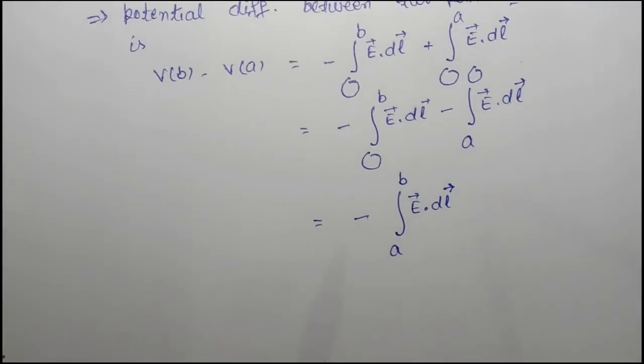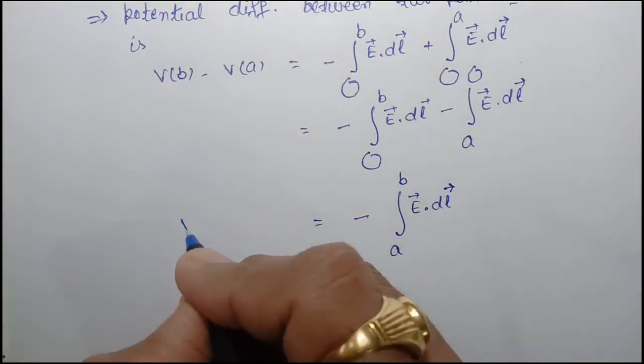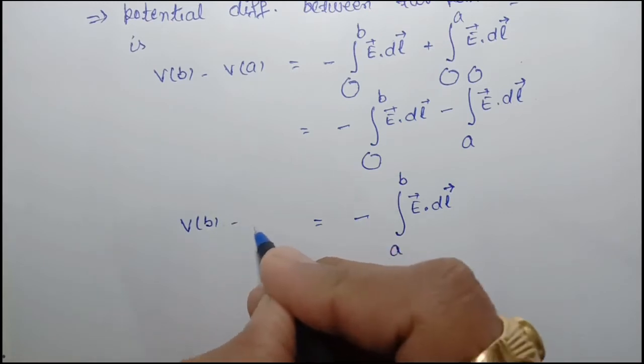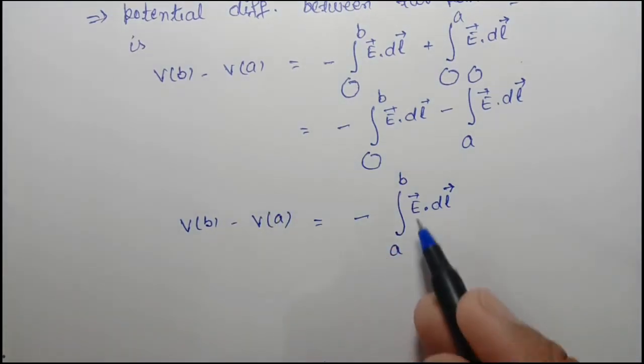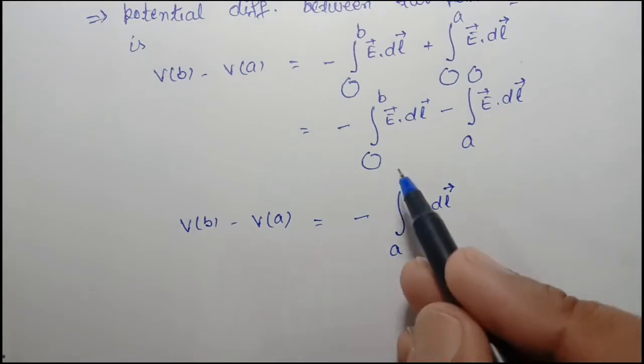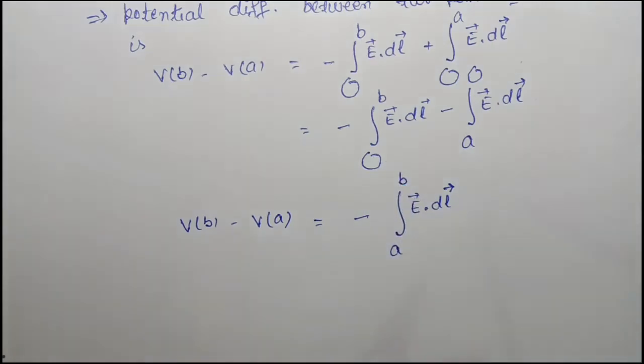It means VB minus VA, that is the potential difference, is equal to minus the integral from A to B of E dot dl, and there is no contribution of the arbitrary reference point.